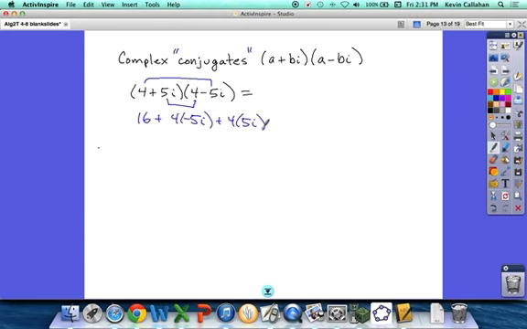And the last will be 5i times -5i, which is -25i squared. Now, these two are opposite numbers, so they cancel: -20i plus 20i.